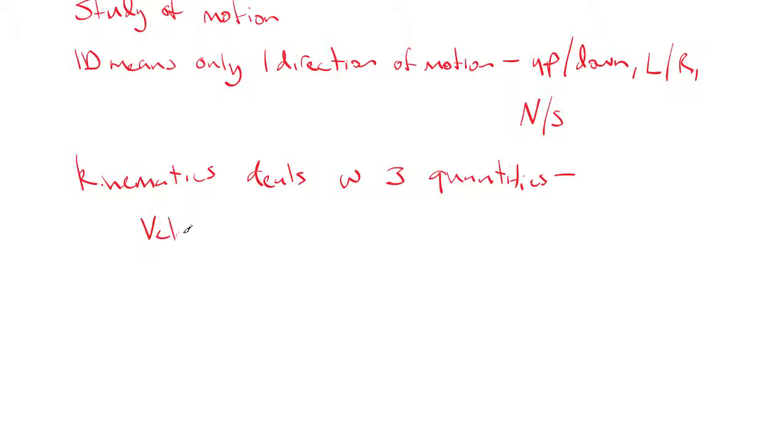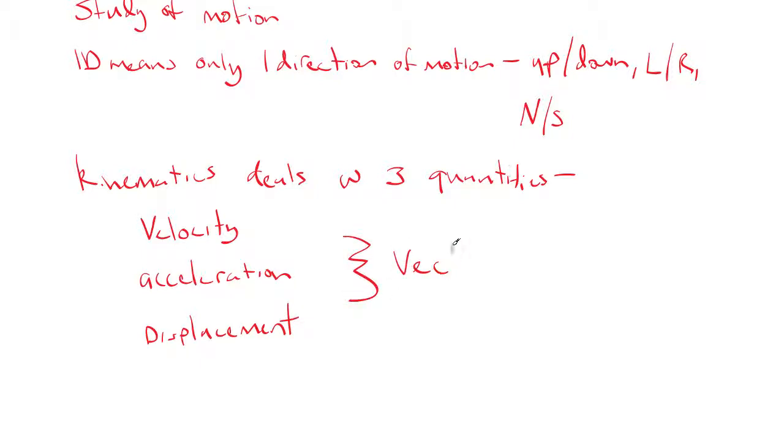So velocity, acceleration are the two that you've already mentioned to me. And the third one is displacement. And all three of those quantities are vectors. All right, so velocity, acceleration, and displacement are vectors.